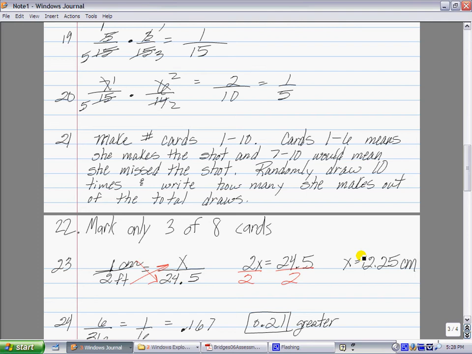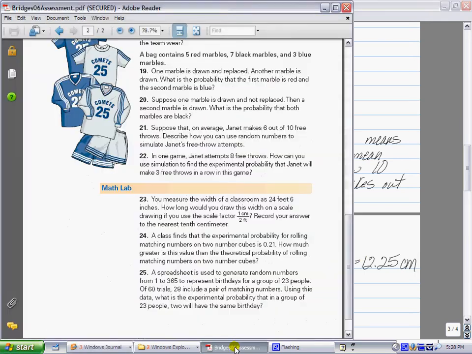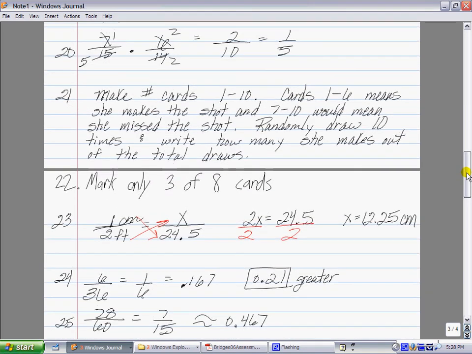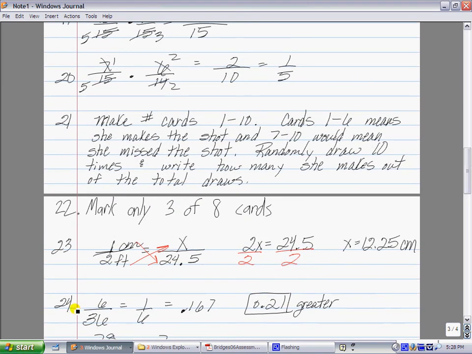Number 24 says, a class finds that the experimental probability for rolling matching numbers on 2 number cubes is 0.21. How much greater is this value than the theoretical probability of rolling matching numbers on 2 number cubes? So what we need to do is look at what the chances are for rolling matching numbers on 2 number cubes.